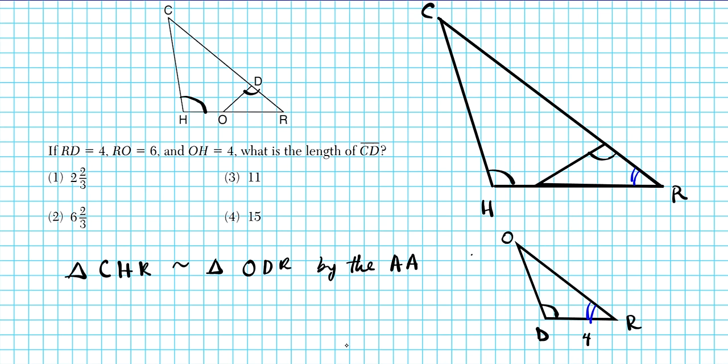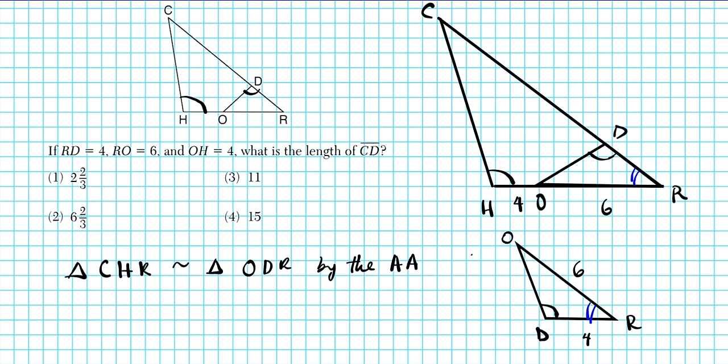RO is 6. OH is 4. RO is equivalent to this long side of the smaller triangle, so this is 6 also. OH is 4.